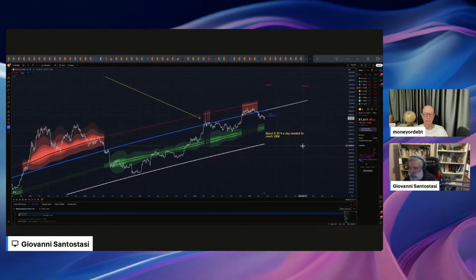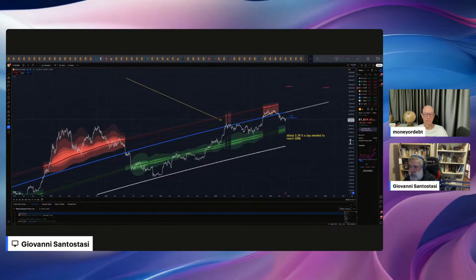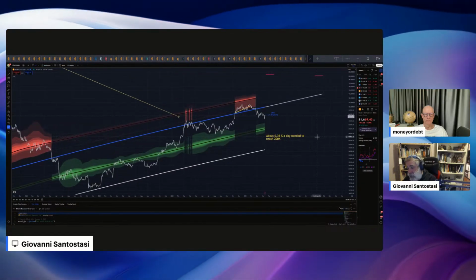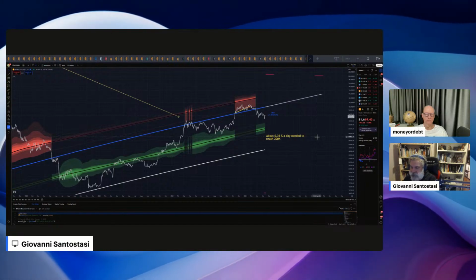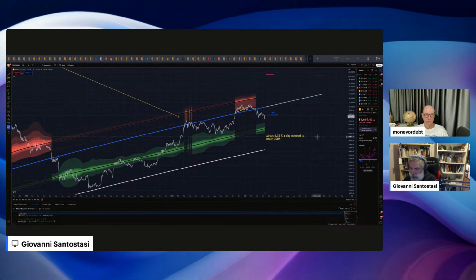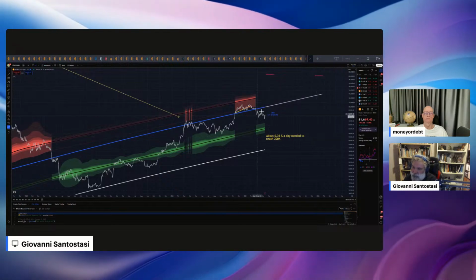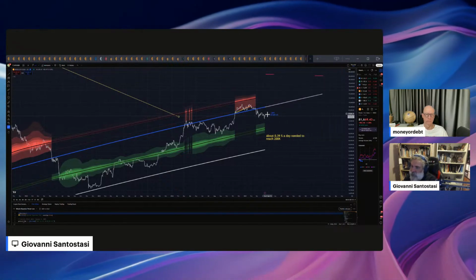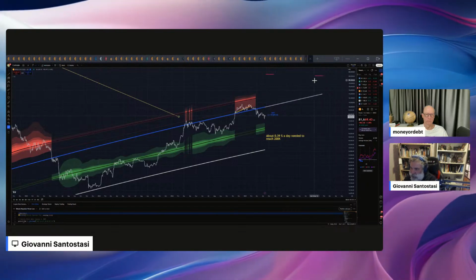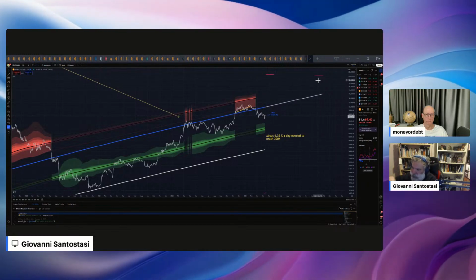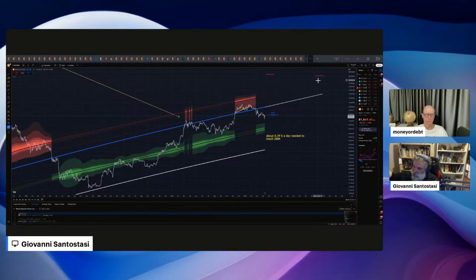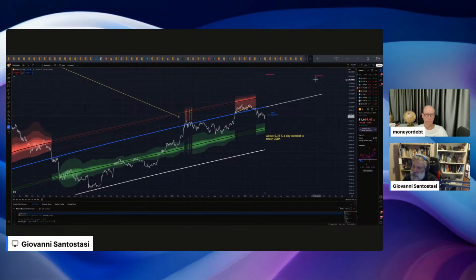Now, one of the measures that I like to use to calculate how likely or how possible it is for us to reach that value is thinking that we go up on average, right? Or at least in a fashion equivalent to an exponential. Exponential means constant compounded gains every day, so returns.